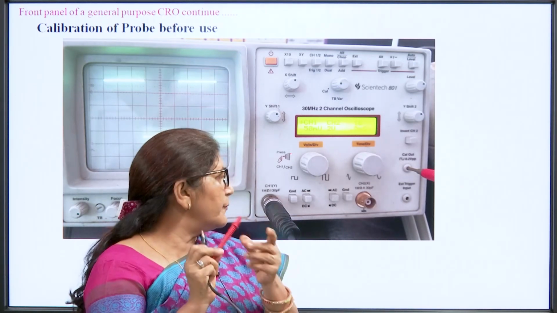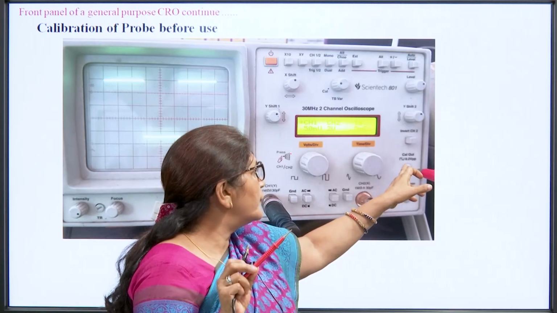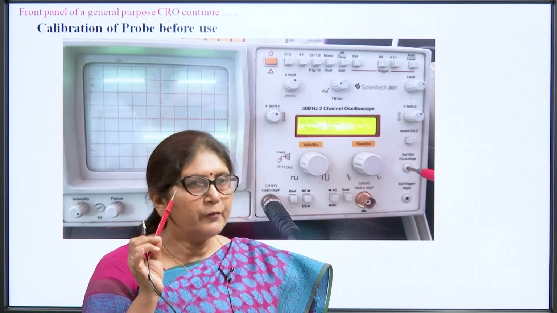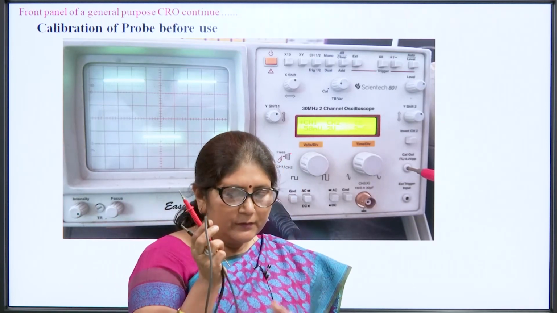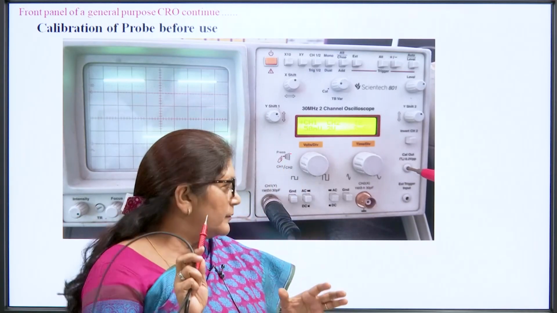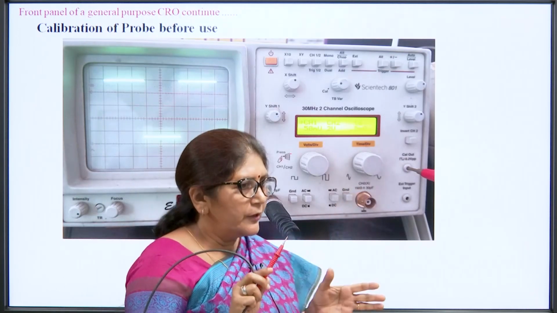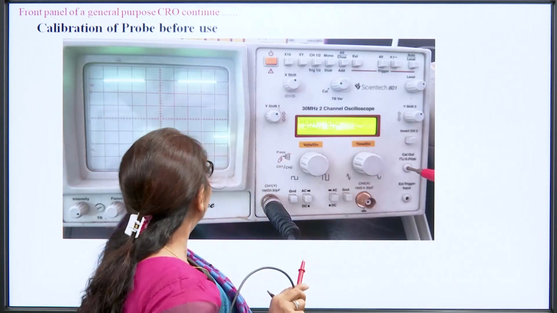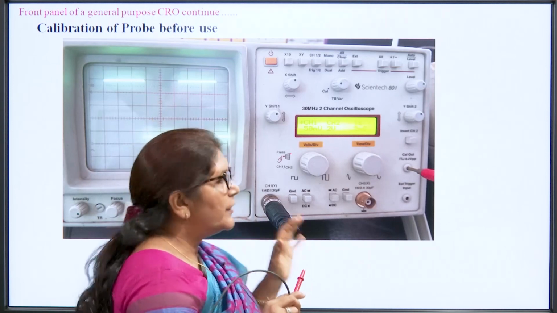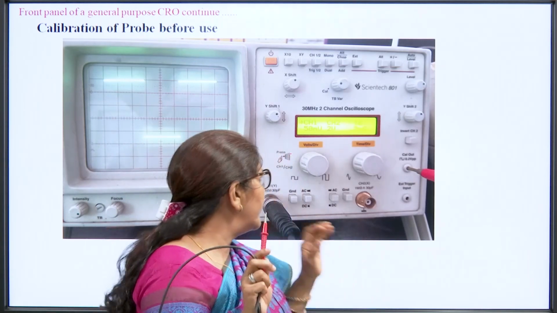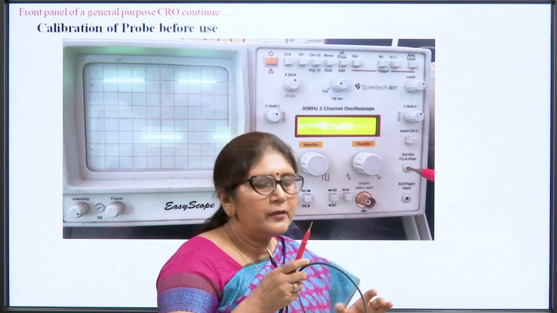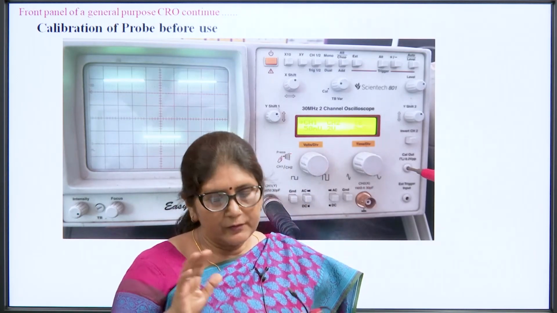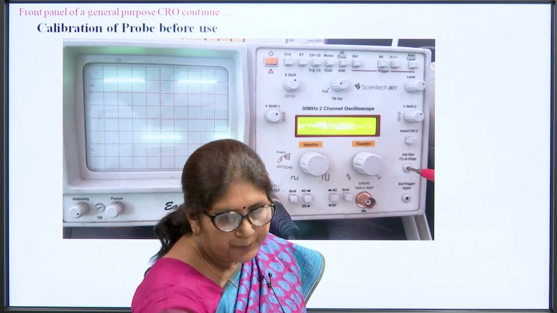This positive pin is put at this position, and so we can calibrate whether our probe is okay or not. Suppose it is showing 2 volt, it means the probe is okay, because we have put the switch at 2 volt. If it is not showing 2 volt, it means the probe is not okay.